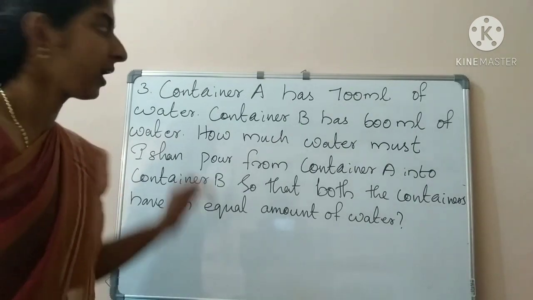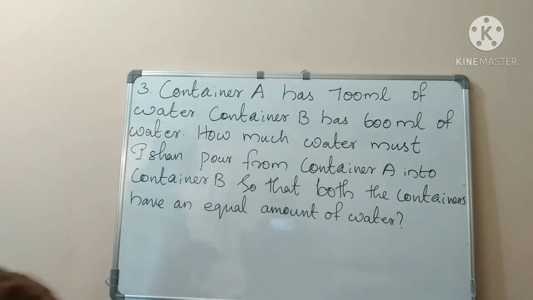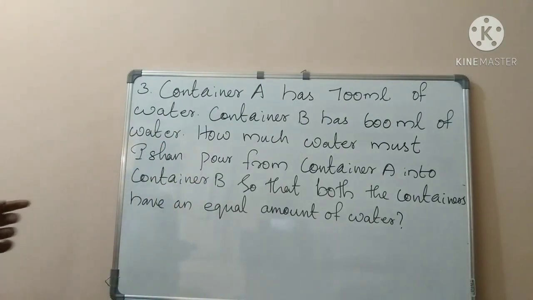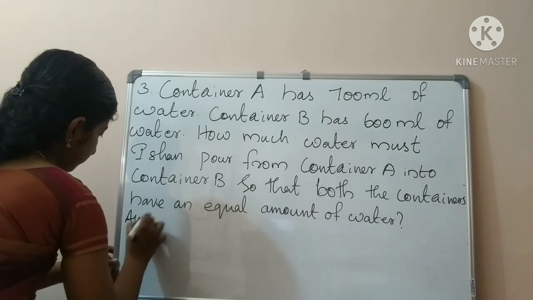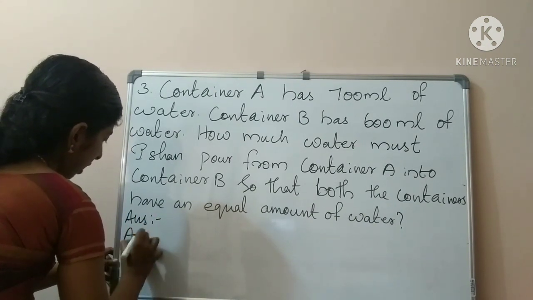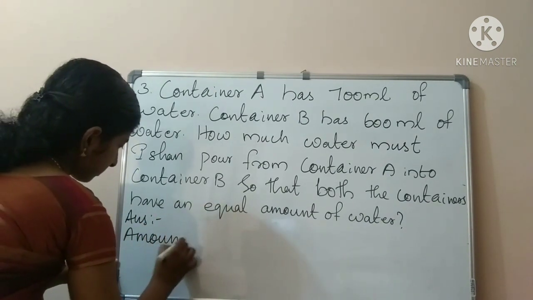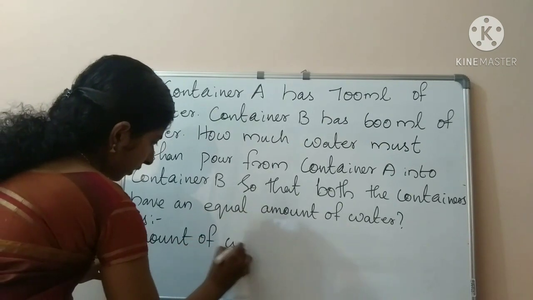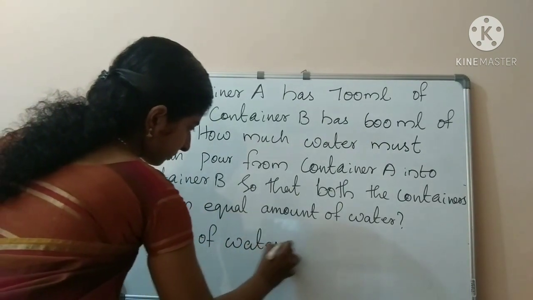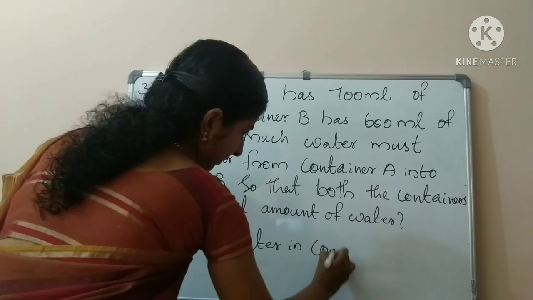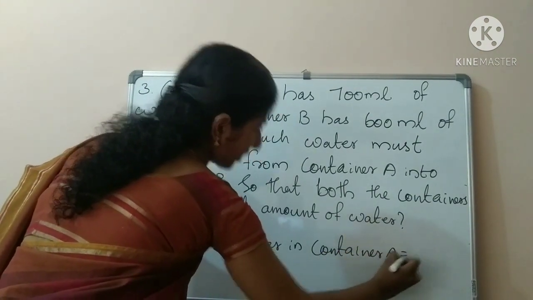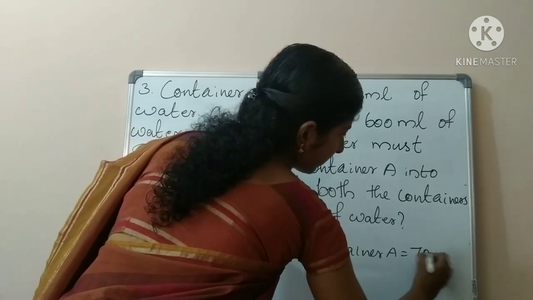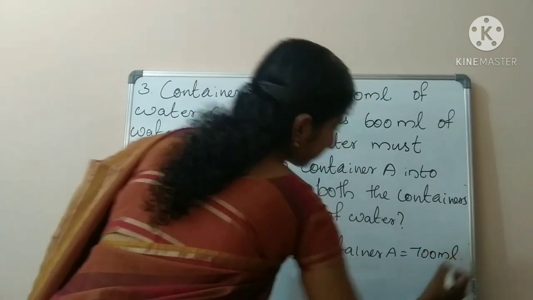Okay. See how to write the steps. First, amount of water in container A is equal to 700 milliliter.